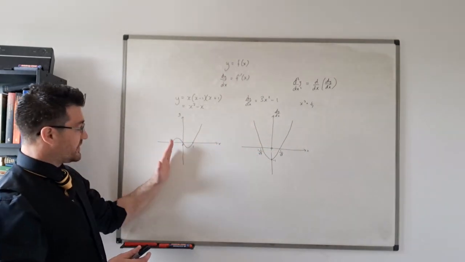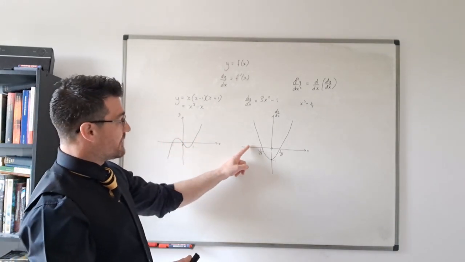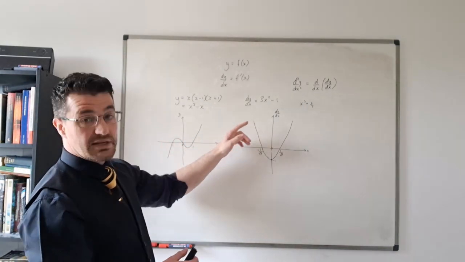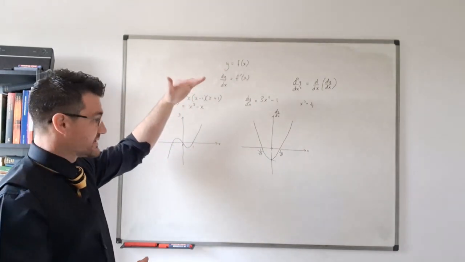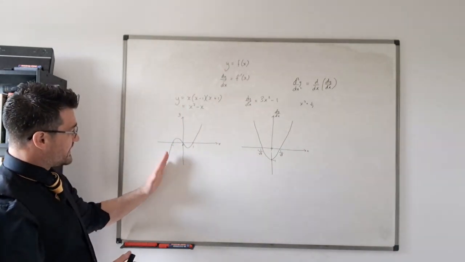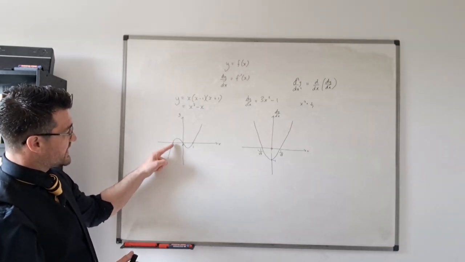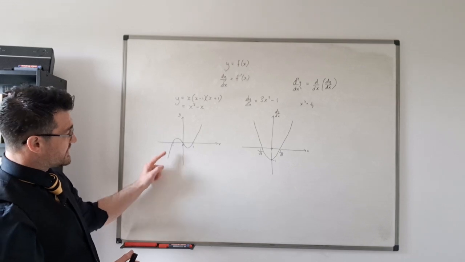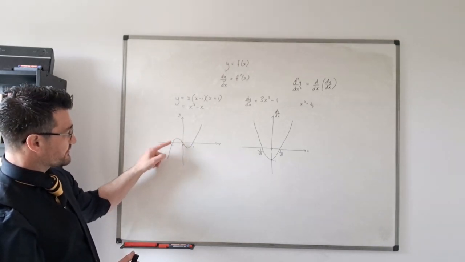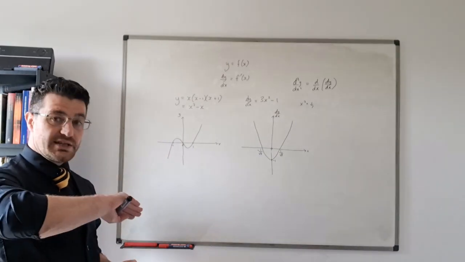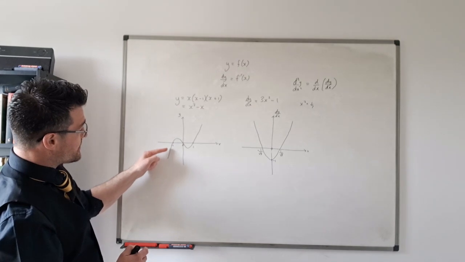And if the gradient of the tangent is very positive, I would expect this point to be quite a distance above the x-axis. But what happens then? As I move towards this turning point here, at minus 1, what happens? The gradient's still positive, but it's decreasing.